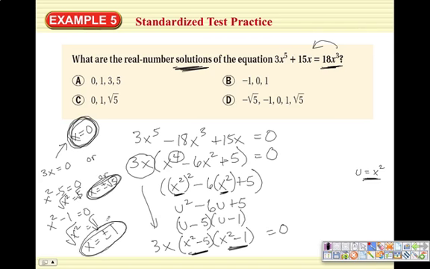Now do you notice how many answers we have? We have 1, plus or minus makes 2 and 3, and then another plus or minus makes 4 and 5. We have 5 answers. Notice this: that was to the 5th power. That happens. If we had to the 4th power, we'd have 4 answers. Okay?